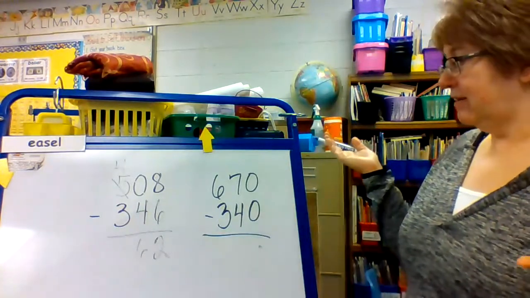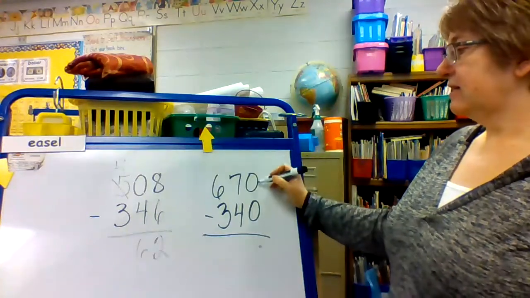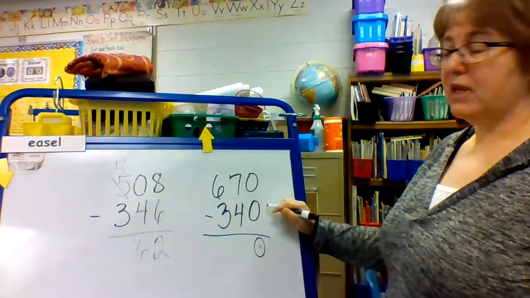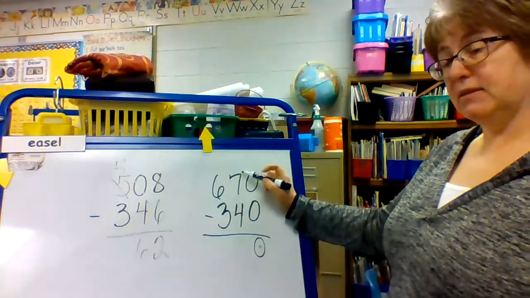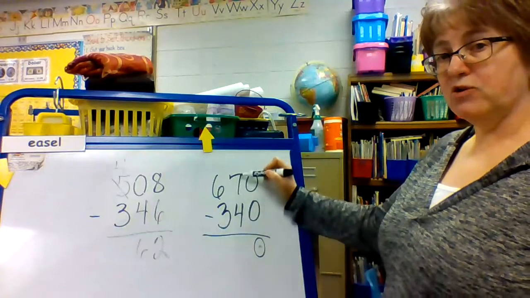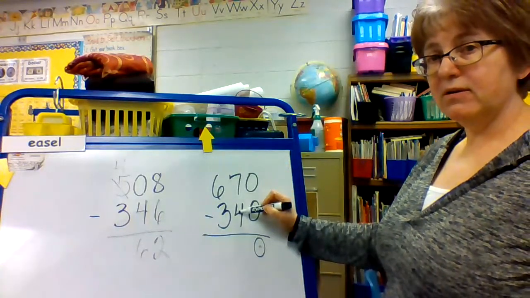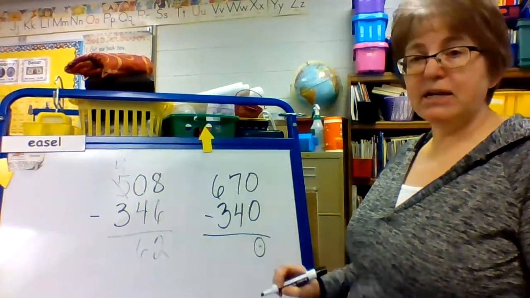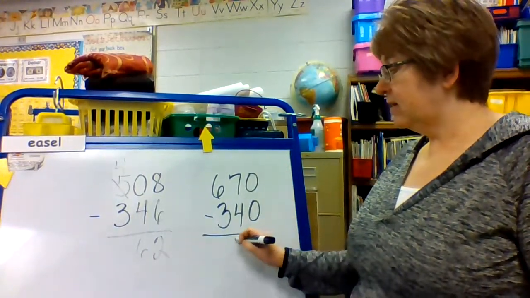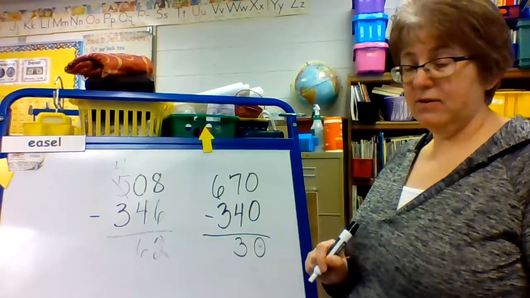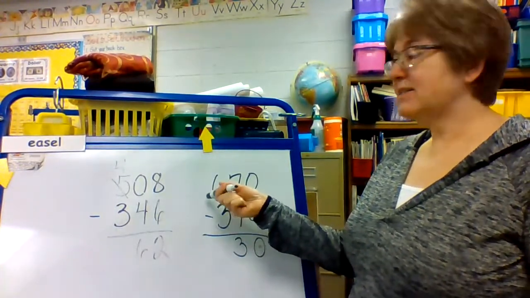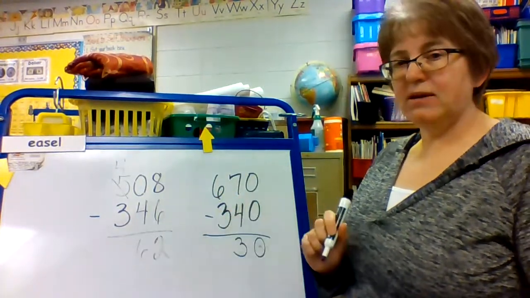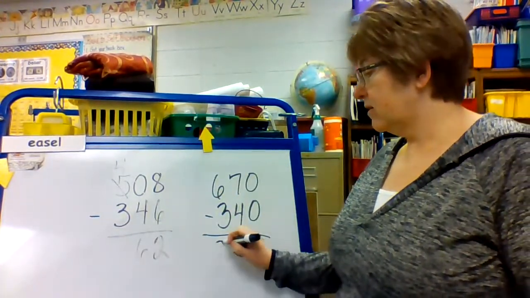So I'm good. 0 minus 0 gives me 0. Now let's go to the tens place. I have 7 minus 4. Do I have more on top or more on the floor? More on the top. No need to stop. So 7 minus 4 gives me 3. Good. And now let's subtract the hundreds. 6 minus 3 gives me 3.